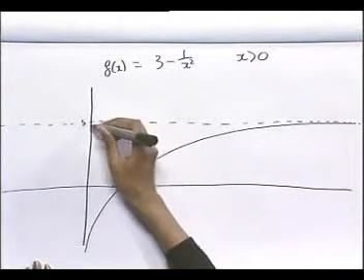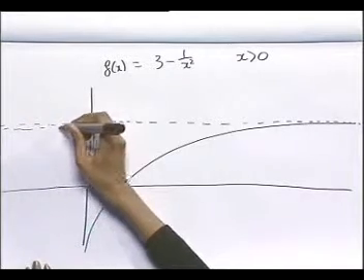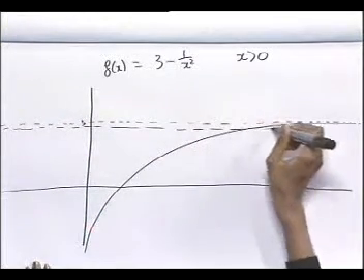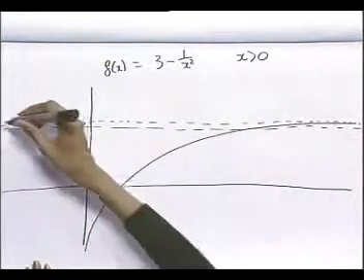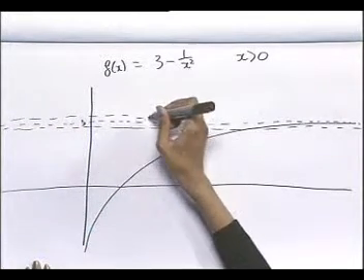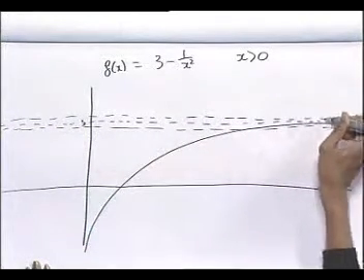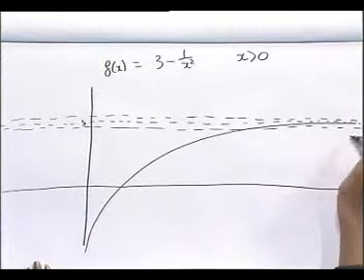Now again, whatever tiny distance I choose around 3, it doesn't matter how small this is, this function eventually gets trapped that close to 3.